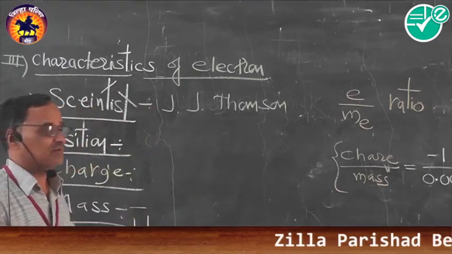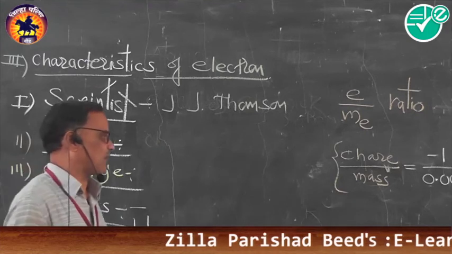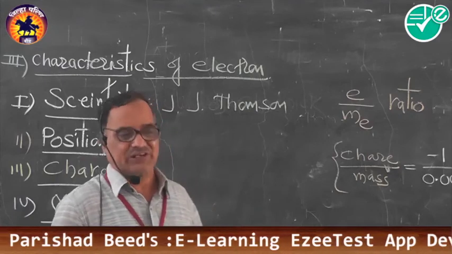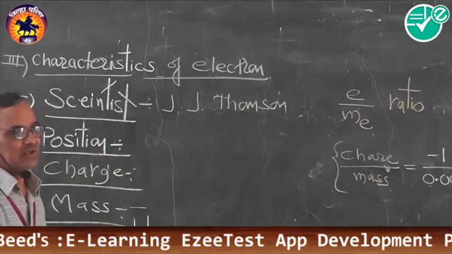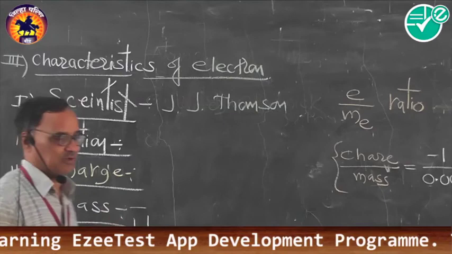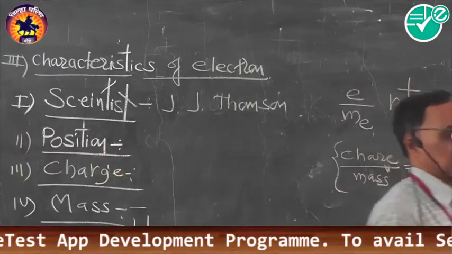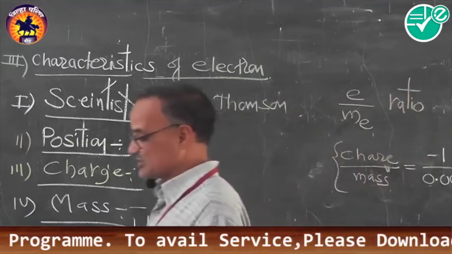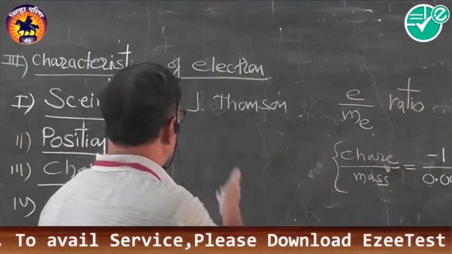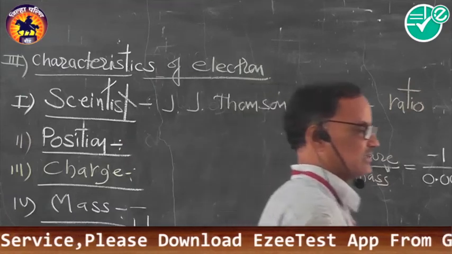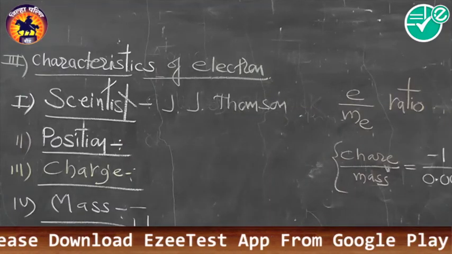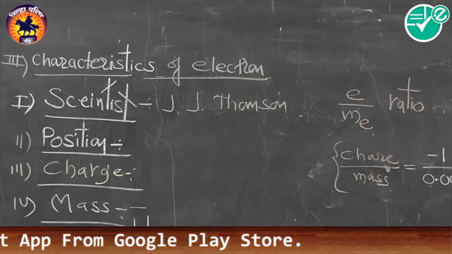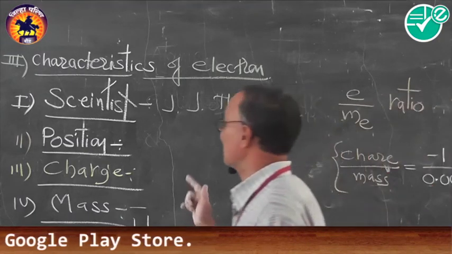So this charge of -1 and the mass of the electron, 0.0005496, this ratio is responsible for the discovery of this lightest particle, the electron. This whole work was done successfully by the scientist J.J. Thomson. So Thomson is responsible for the electron.